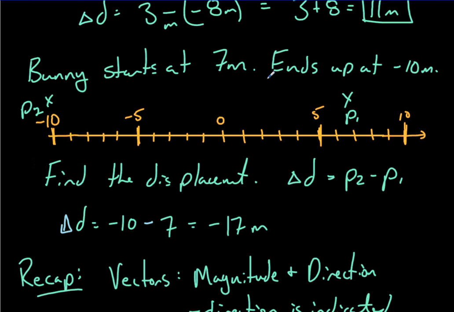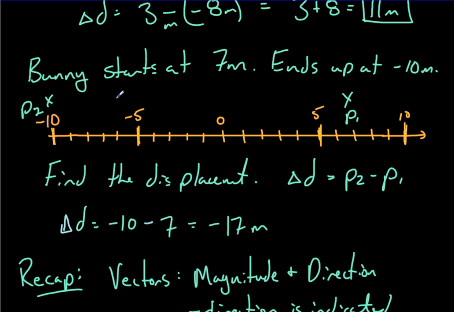I have a negative displacement here because I'm moving left on a number line. It's just that simple. If I time it, then I could figure out the velocity. Like if I knew how long this took, let's say it took 17 seconds, then I know it's moving 1 meter every second to the left. It has a -1 meter per second velocity. If you think about it in terms of a number line, that makes sense.